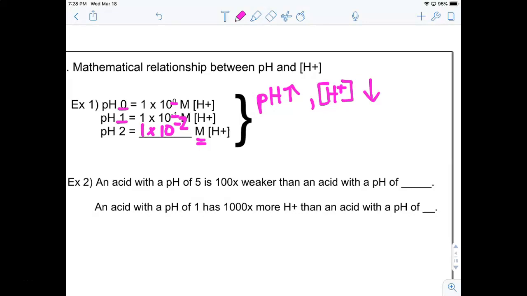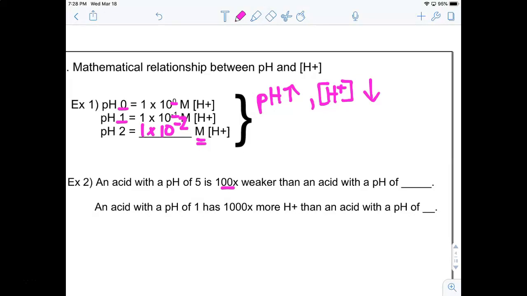So if I have a pH of 0, that's 10 times more acidic than something with a pH of 1. If I have a pH of 0, that's 100 times more acidic than something that has a pH of 2. 2 jumps is 10 times 10. So however many 0s there are, that's how many jumps you need to make on the pH scale.